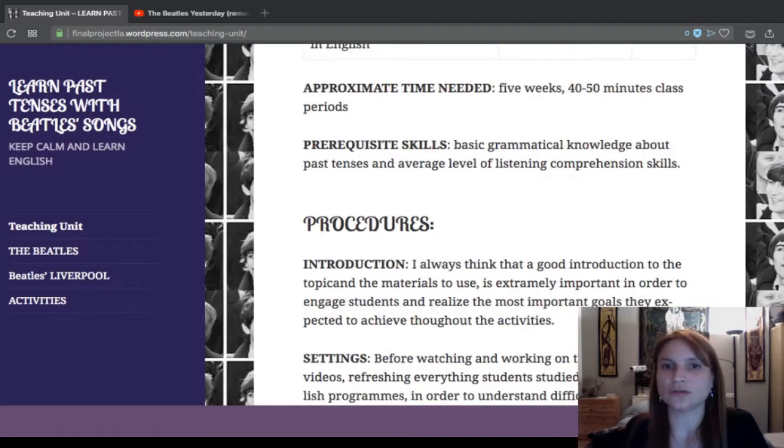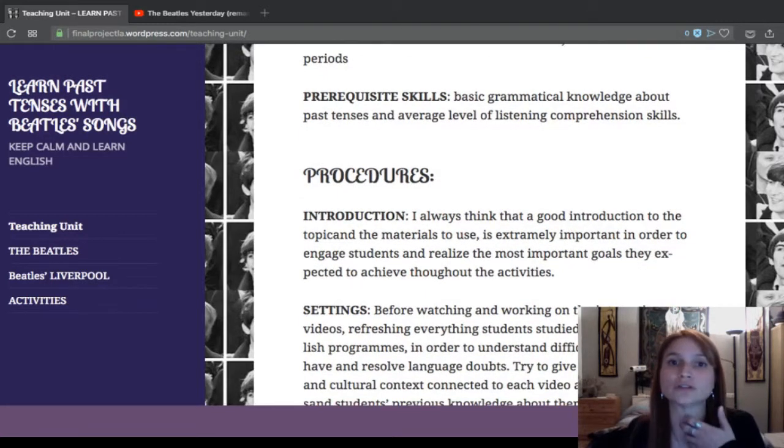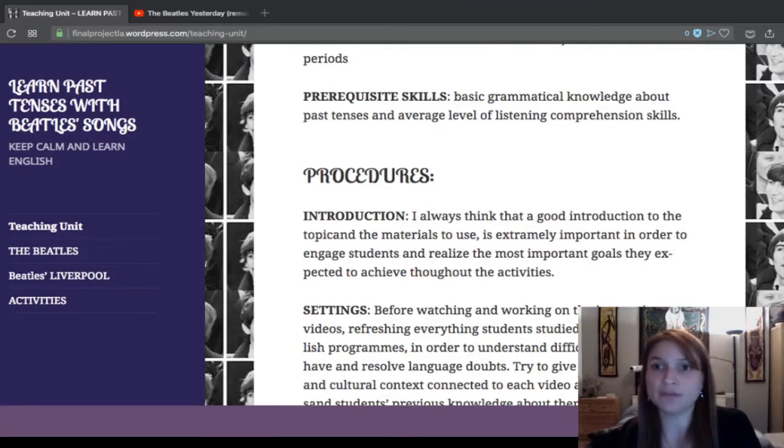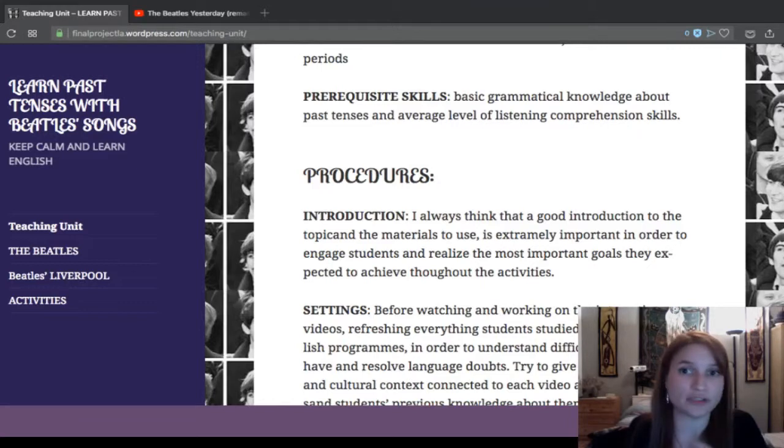Of course, the skills they had to have before this kind of project is a basic grammatical knowledge about the past tenses. What they've studied during the school year is enough.